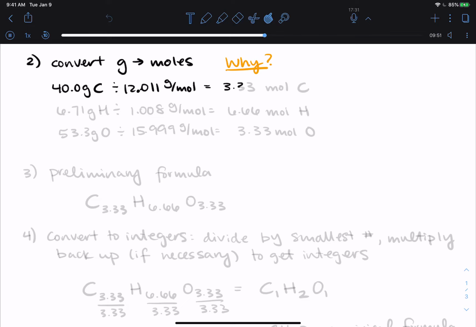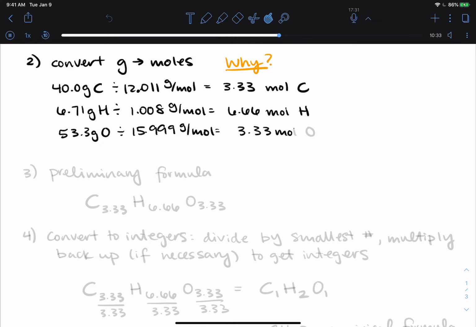Now, if you are coming back through this and doing it with a different sample size, you'll have a different exact number of moles, but the comparisons between them will be the same. 6.71 grams of hydrogen divided by 1.008 is 6.66 moles of hydrogen, and 53.3 grams of oxygen divided by 15.999 is 3.33 moles of oxygen.